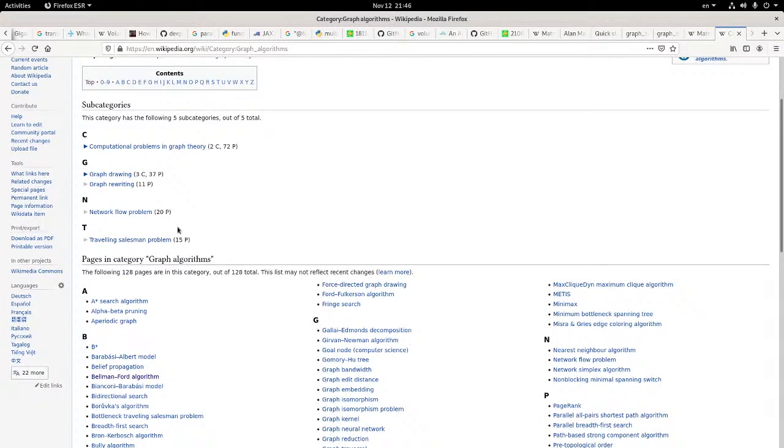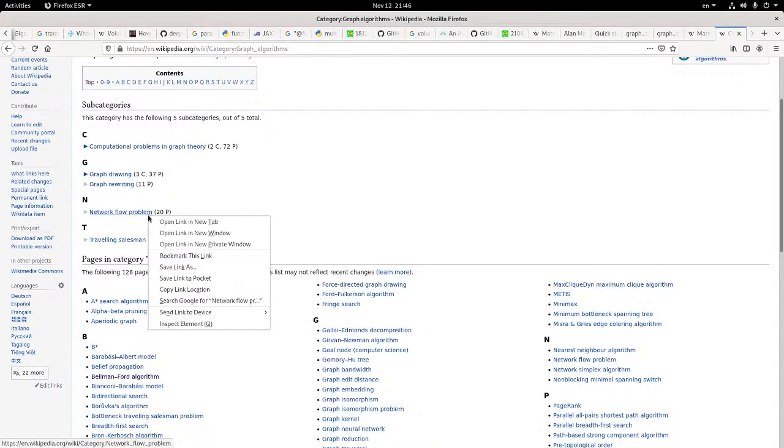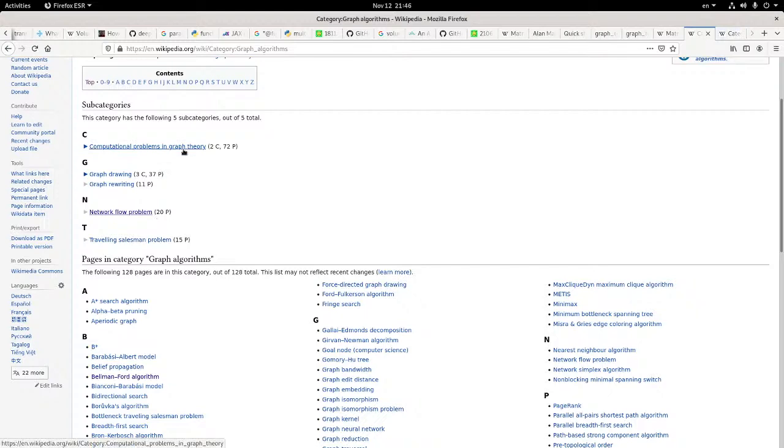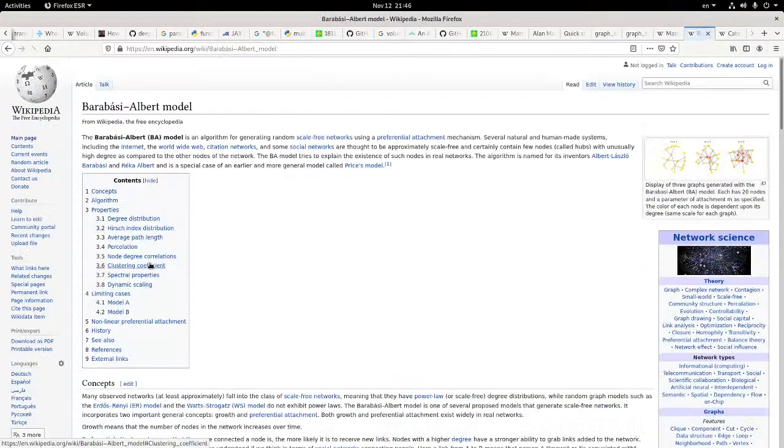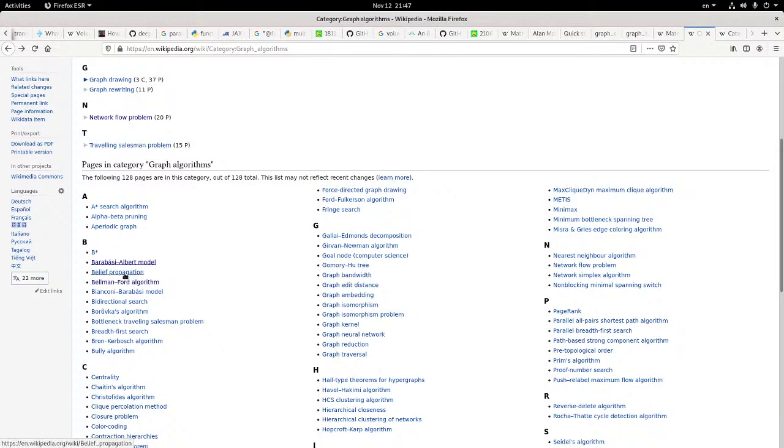Graph drawing. Network flow problem. What's this? Random scale-free networks using preferential attachment mechanism. What the heck?